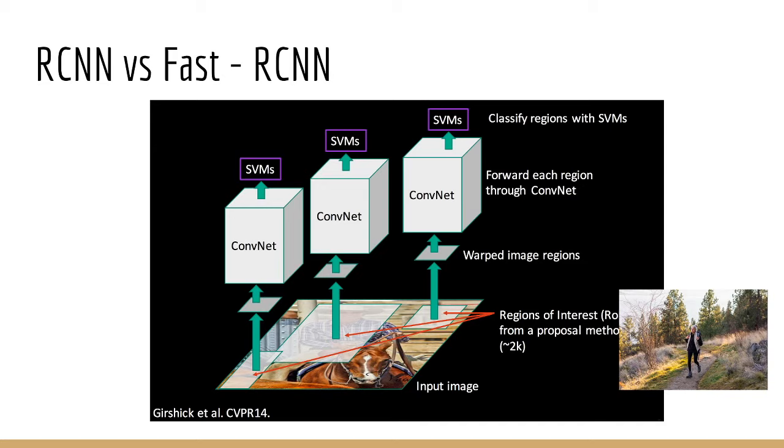We throw a huge number of proposals, and each is separately evaluated by a deep learning model, and that model output is fed into an SVM, and that SVM classifies if an object is present and what kind of an object. This is an extremely computationally intensive process, and it was not usable in real time even with a huge amount of computational ability.